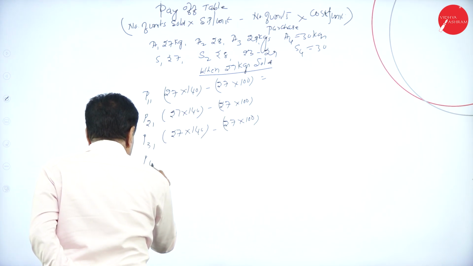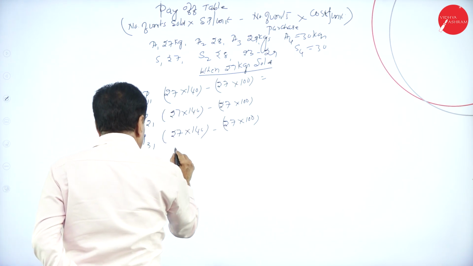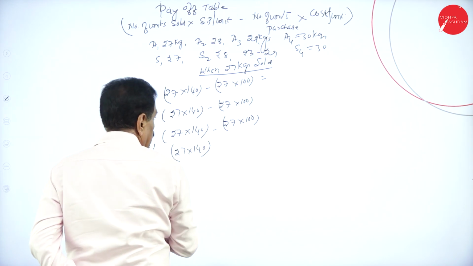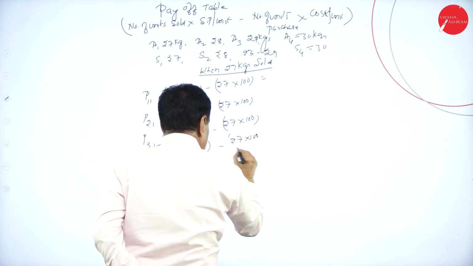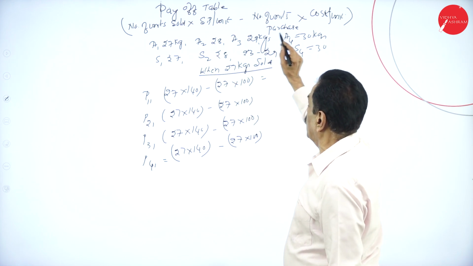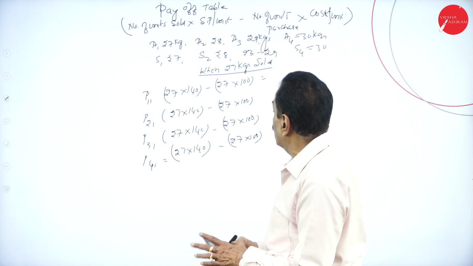P41, 27 into 140 minus 27 into 100. This you have to write in the first column.